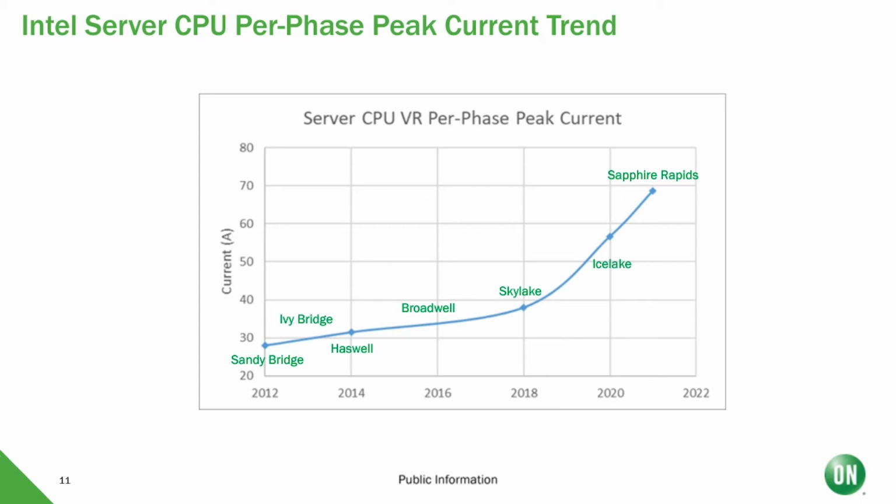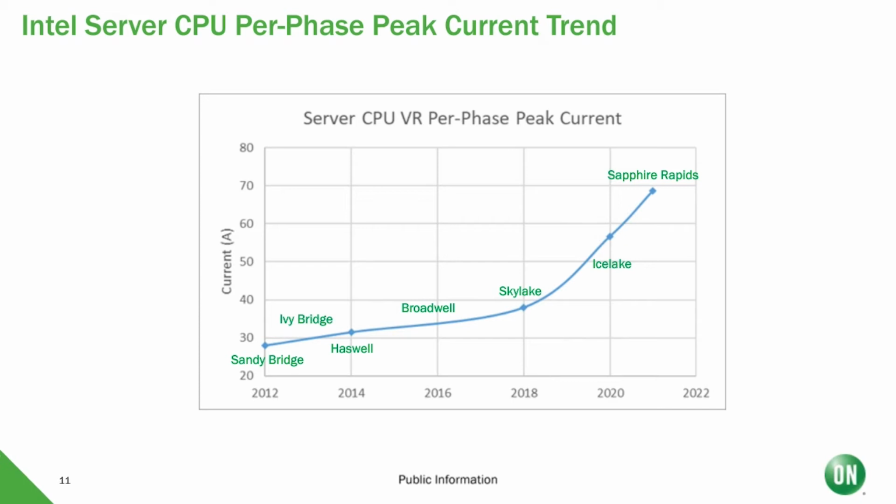So that translates to about 56 amps per phase. And in this generation, the peak current is about 550, but the number of phases only went up by 1 compared to Ice Lake. So we have to support 550 amps with an 8-phase design. And if you do the math, that puts us almost close to 70 amps per phase.